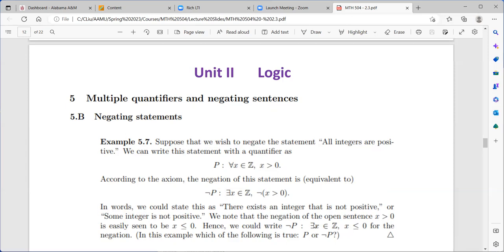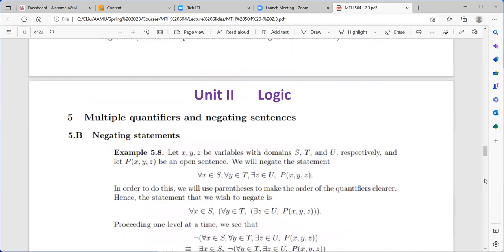So you can write the negation of P as: there exists X in Z such that X is less than or equal to 0, as we just discussed. And we know that's true. Okay.